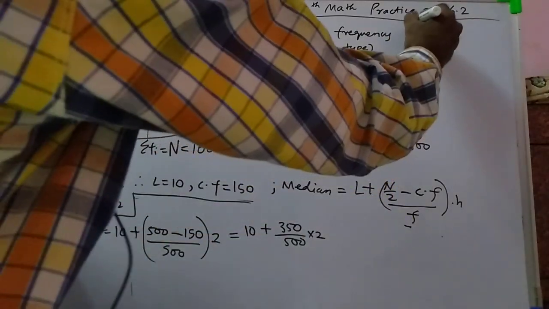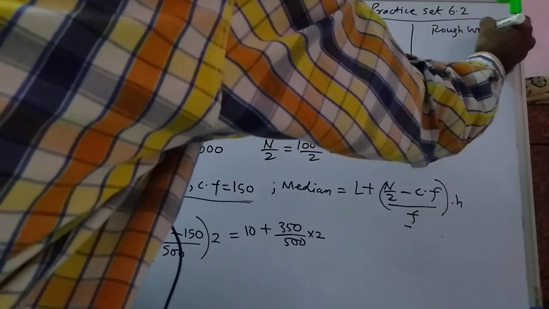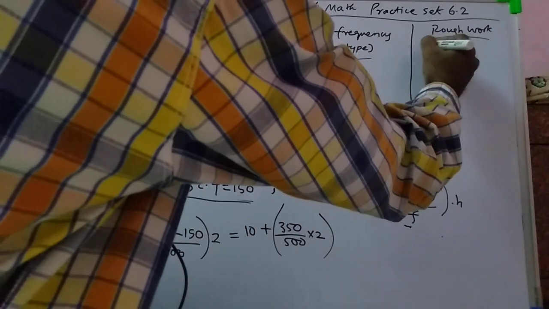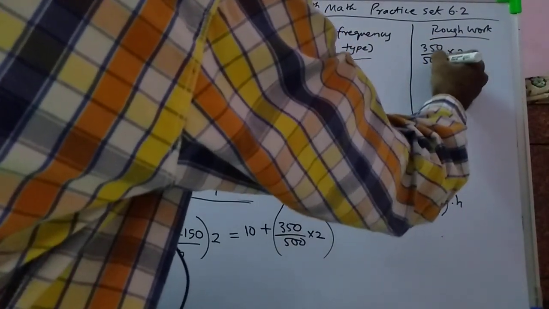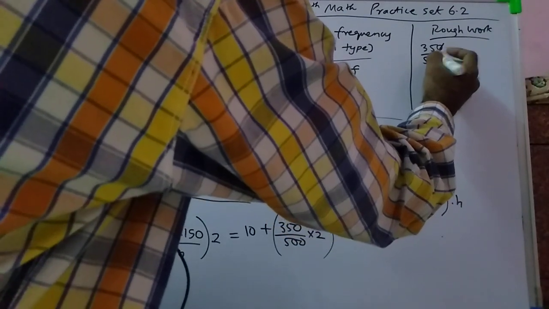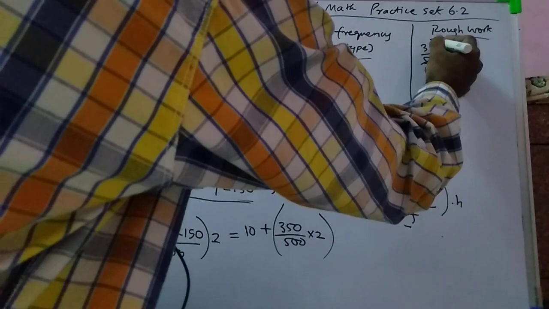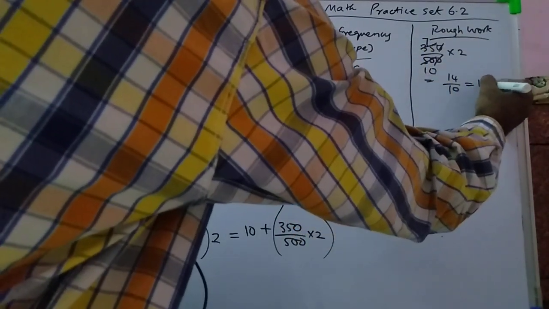So that we can do here. Calculate this part: 350 upon 500 into 2. Zeros cut, and it goes in the 7 table. 5 into 10, so that will become 14 upon 10, 1.4.